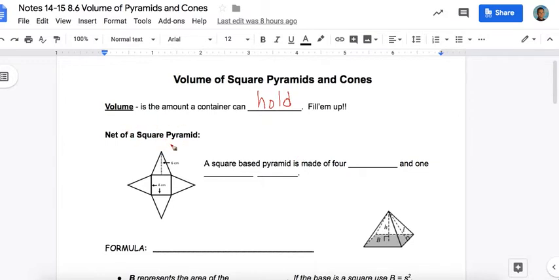So this is a net of a square pyramid, so opened up, and you can see that a square base pyramid is made up of 4 triangles and 1 square base.